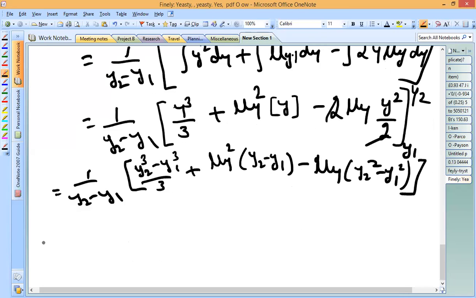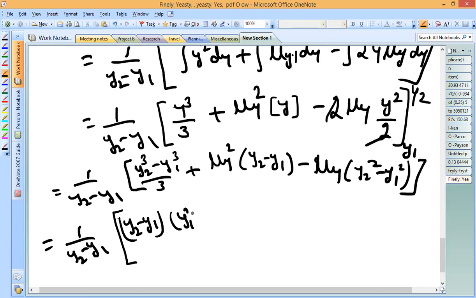Next, what can we write? 1 by (y2 minus y1), and again you have to apply the formula of a cube minus b cube. As we have seen previously, this can be done as (y2 minus y1) into (y1 square plus y2 square plus y1 y2), all divided by 3.